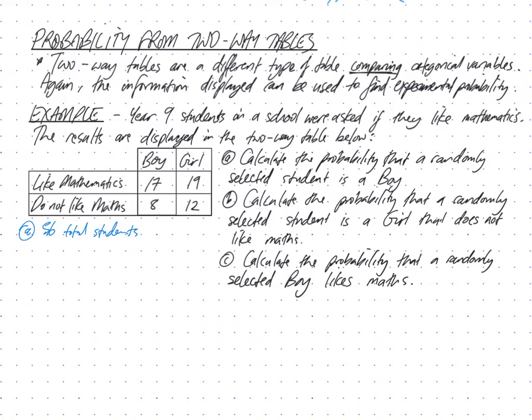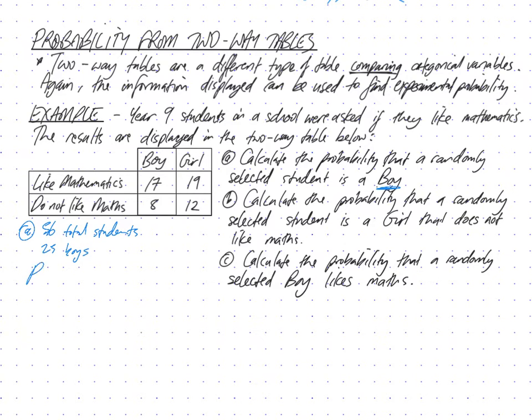56 total students. So the random chance that it's going to be a boy. Now, all we care about is that it's a boy, not whether they like maths or not. So we're not just going to choose either 17 or 8. We need to add those together, because the event that we're interested in is the fact that it's a boy, not the fact that it's a boy that likes maths or doesn't like maths. 25 boys.